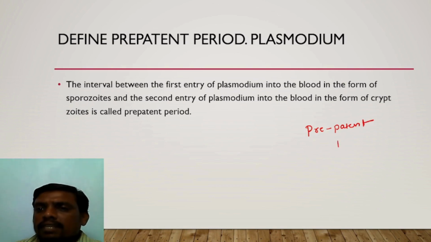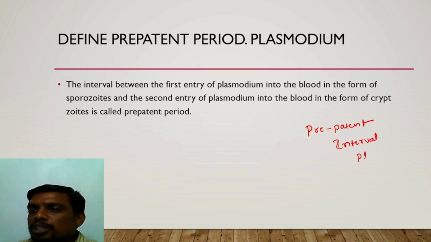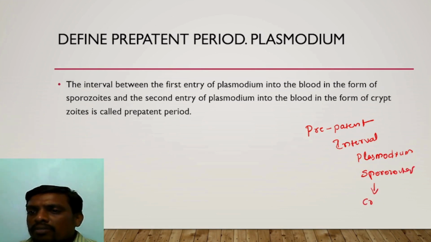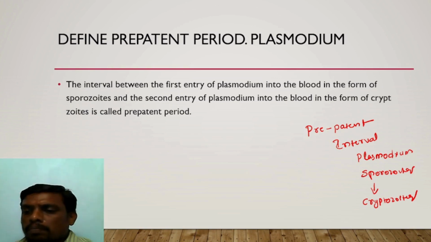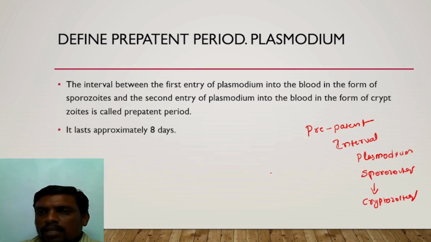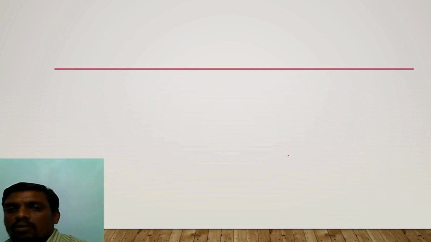It is the interval or time lag between the first entry of Plasmodium into the human body or into the blood in the form of sporozoites, and the second entry of Plasmodium into the blood in the form of cryptozoites. This is called the pre-patent period. The pre-patent period is approximately 8 days in the human body, right?